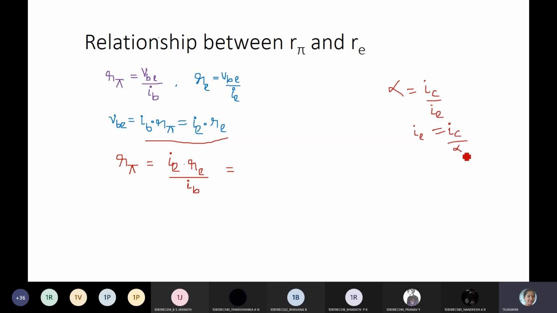Similarly, what is beta? Beta is IC by IB. Don't get confused, it's a simple one: IC by IB. So from this, what is IB?